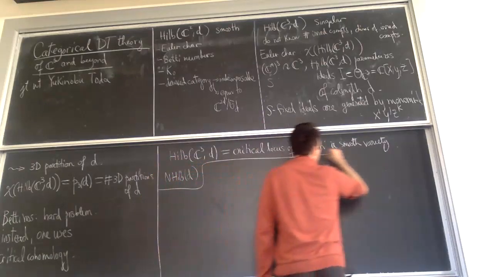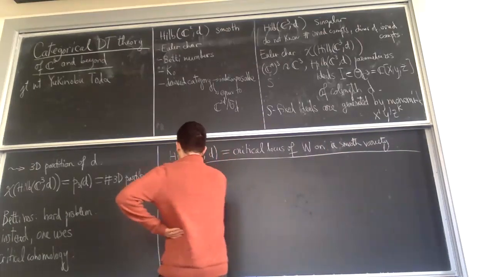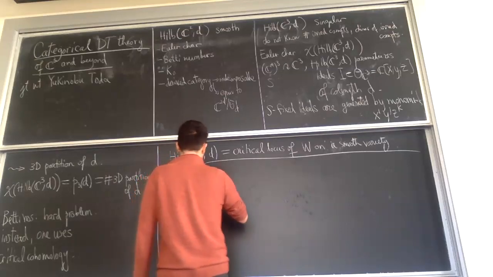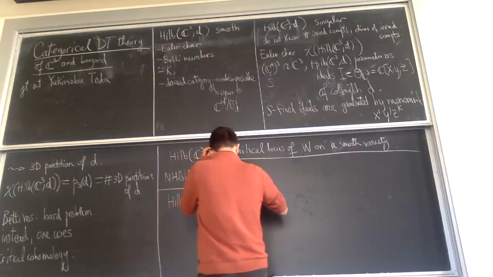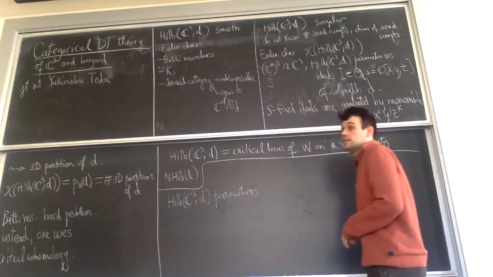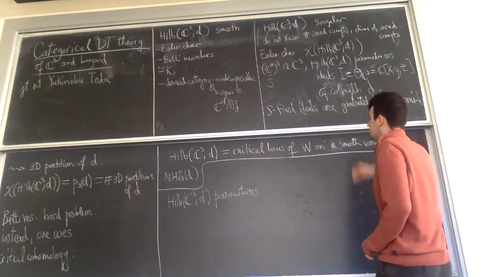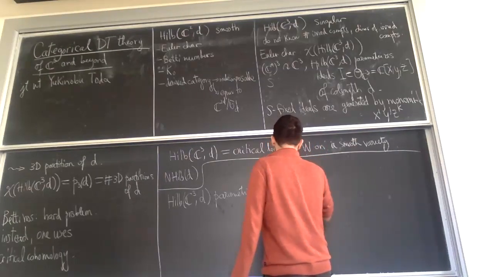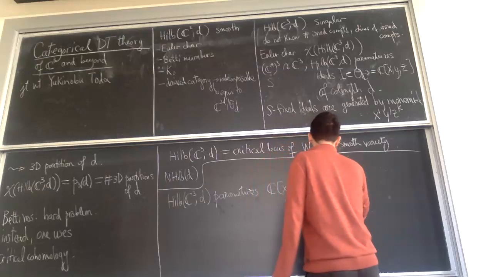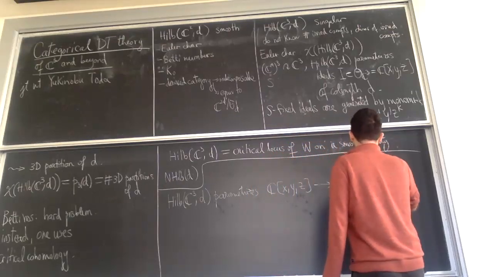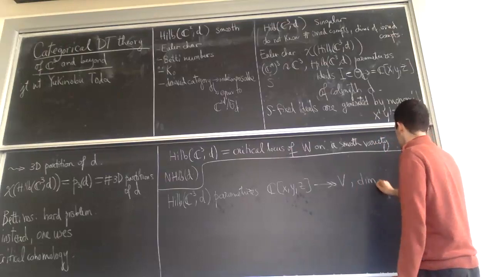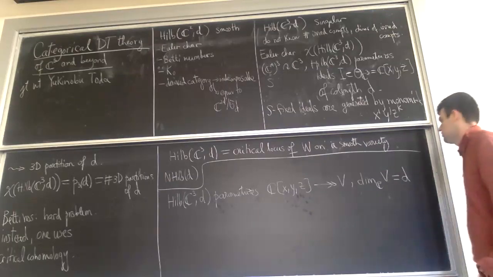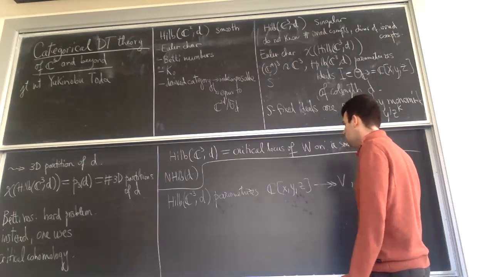So what happens is that the Hilbert scheme of points on C3 parameterizes points that either correspond to ideals of colength d inside the polynomial ring in 3 variables, or quotients of C[x,y,z] of dimension d. So here V is a C vector space of dimension d. We want to parameterize such quotients.